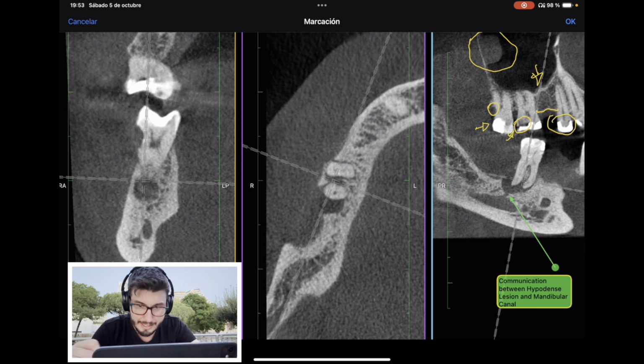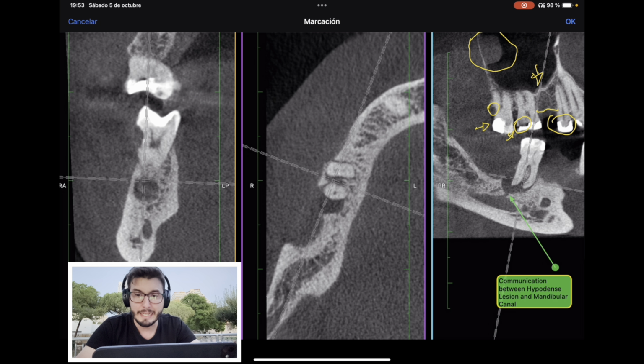All right, let's discuss the lower arch now, and take a look at this. We have a hypodense or radiolucent lesion, but this lesion is in continuation with the mandibular canal.